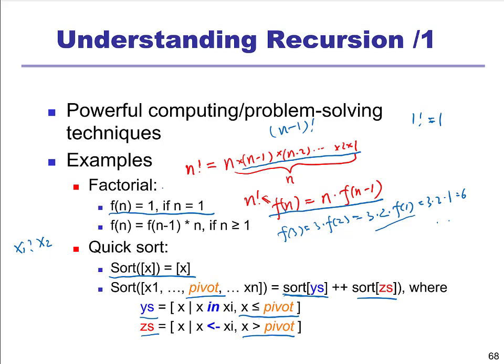We can start from f1, which is 1, and we know that fn times n plus 1 equals fn plus 1. So we can compute from f1 to f2, f3, and so on until we get fn.